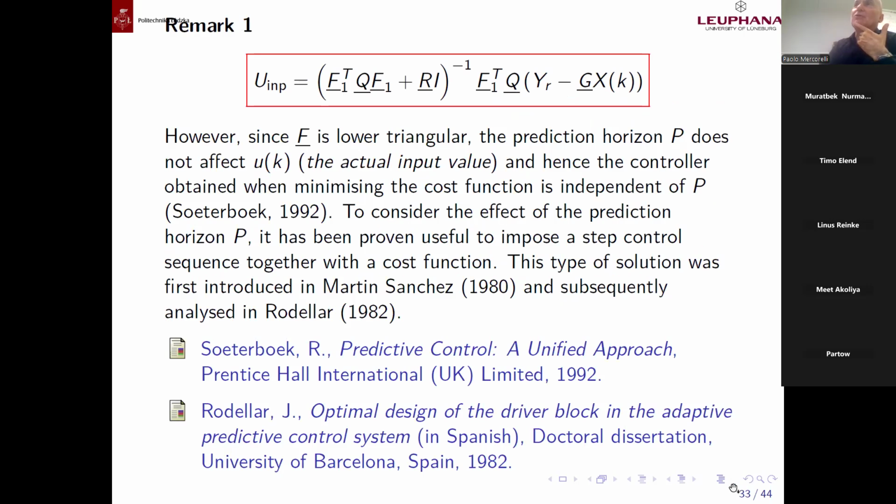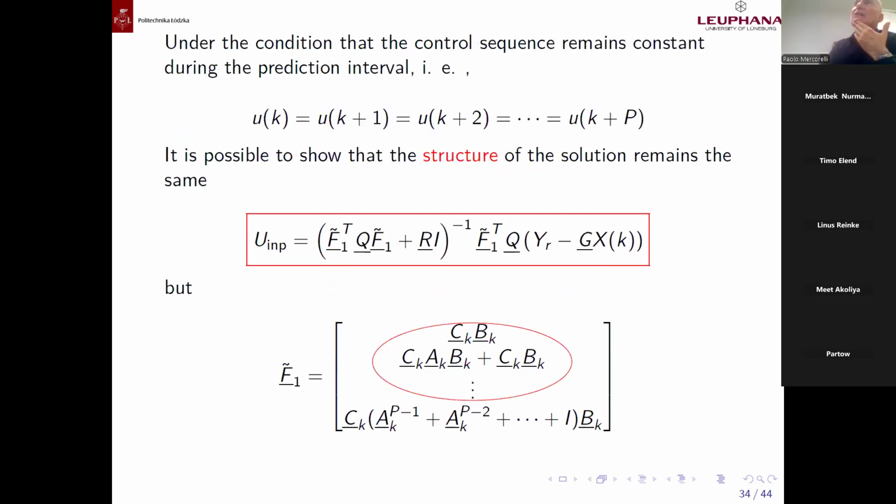Yeah, here we have some considerations which I already did. Look at this. In case we can consider U constant through the horizon, the solution becomes a little bit easier. Instead of F1, we have an F1 tilde, which is defined in this form here. It's simplified.